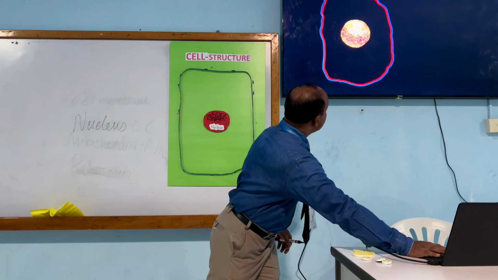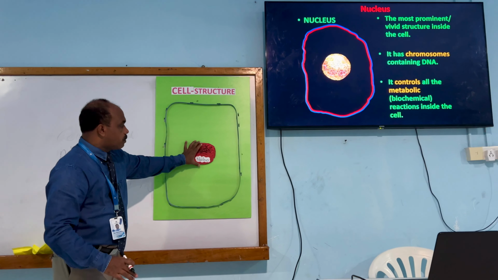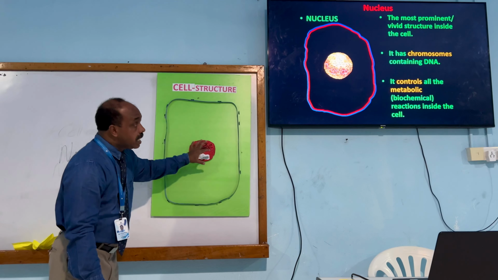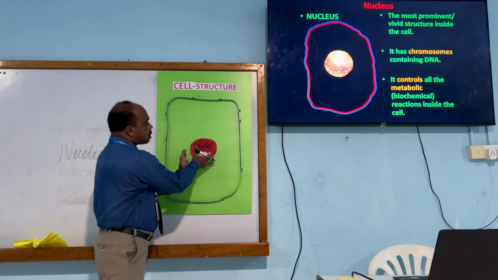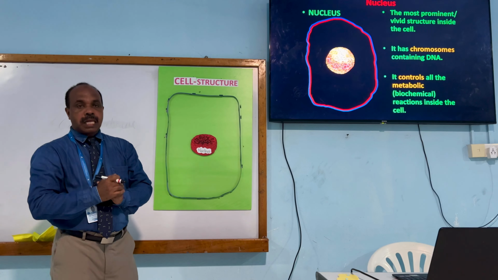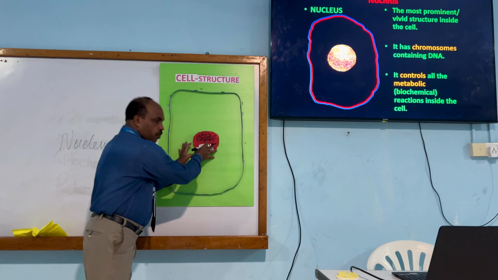So what is the role of nucleus? One, nucleus is the most prominent structure. It is made up of DNA, and the DNA controls all metabolic reactions. Hence, the nucleus is called the controlling center of the cell or the brain of the cell. So, nucleus is the brain of the cell.